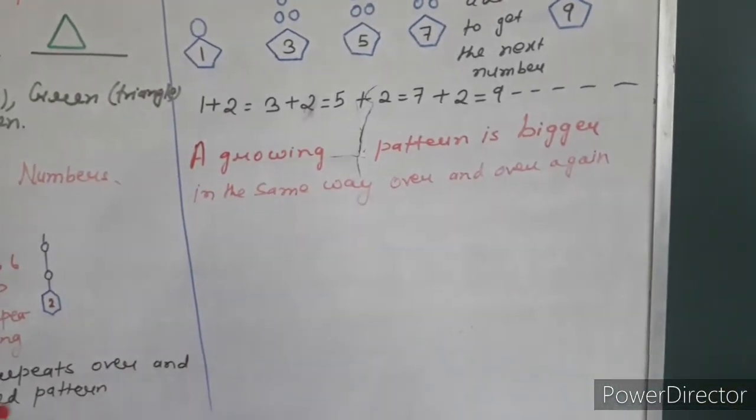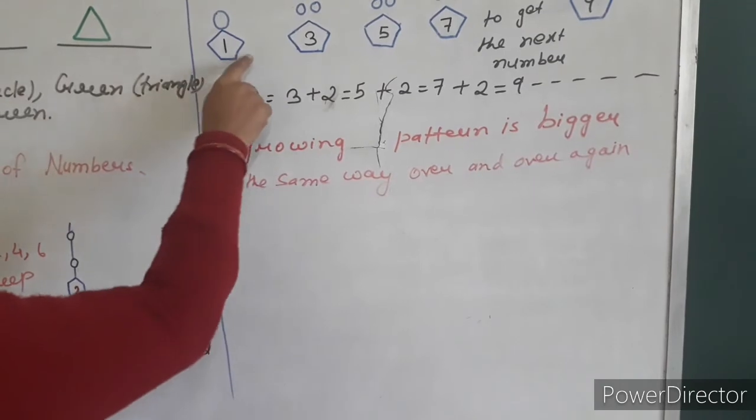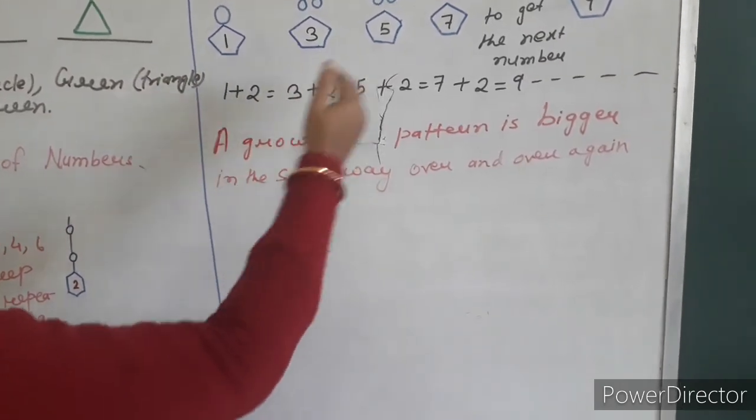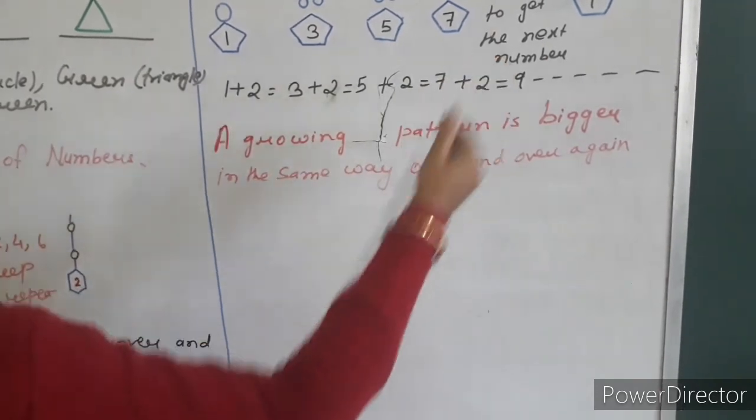It means if you add the number, that is 1 plus 2, that is 3, 3 plus 2, at that time the numbers will be bigger, they increase.